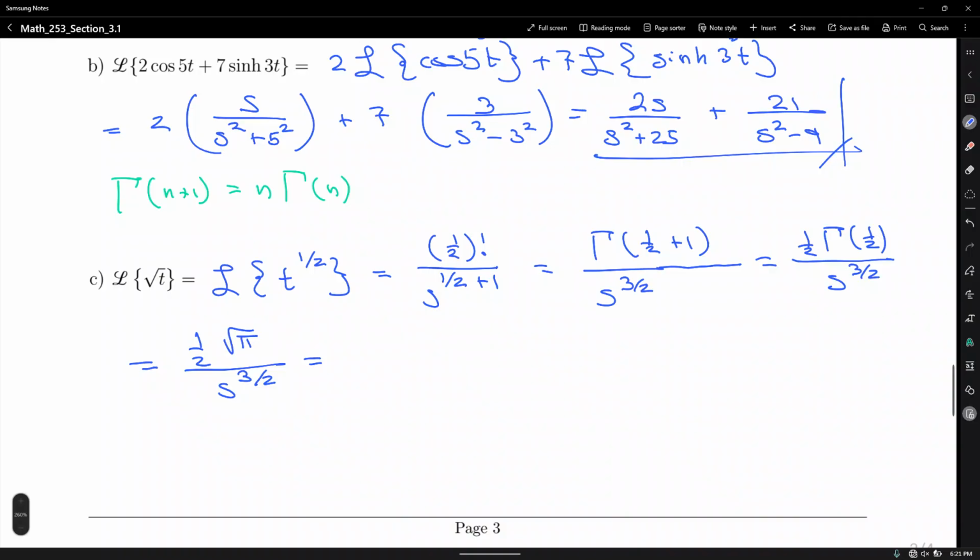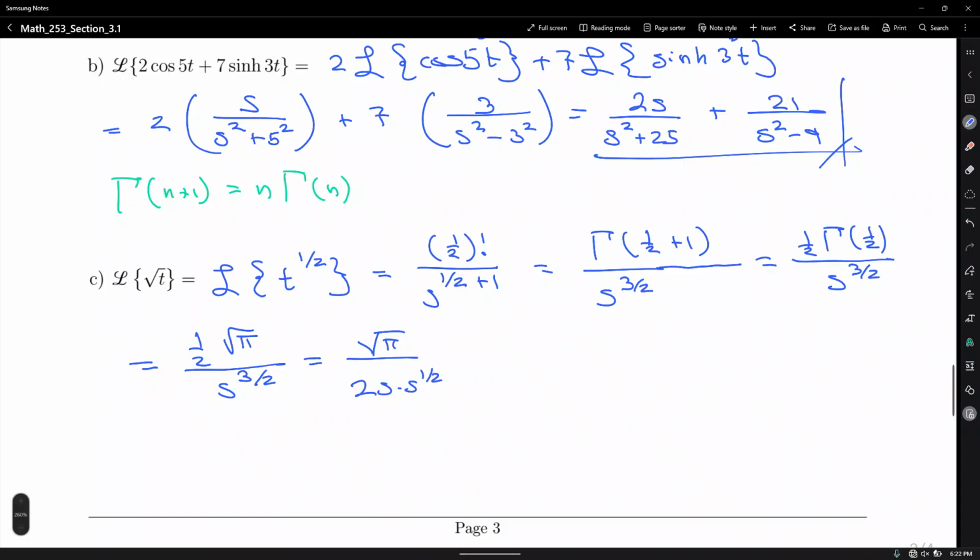All right. So there's a couple of ways to keep rewriting this one. I'm going to rewrite this as square root of pi divided by 2s times s to the 1/2. Do you guys agree? S to the 3/2 is the same as s times s to the 1/2. Add the exponents together, invisible one.